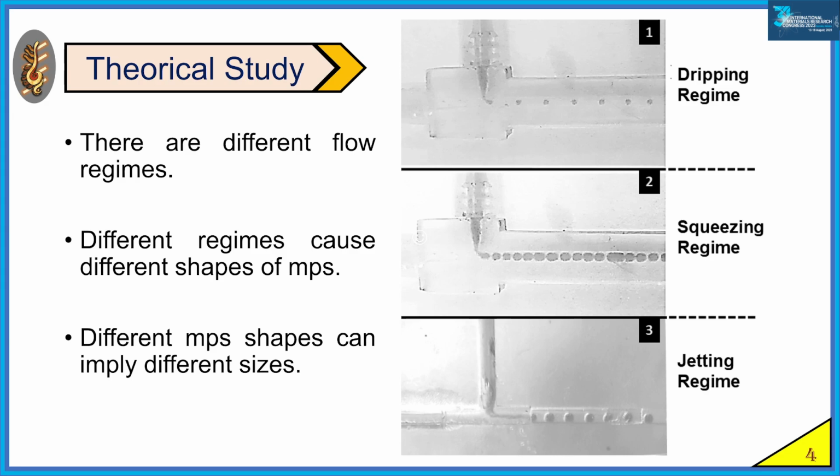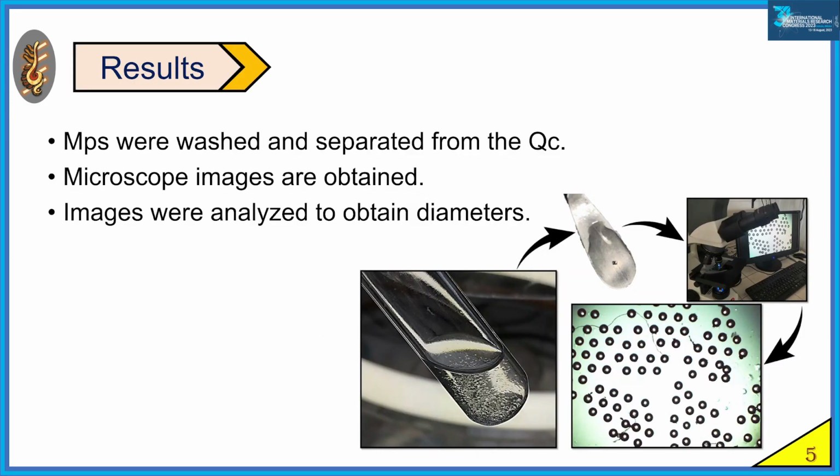Then in image number 3, we can see the jetting regimen, and we can see how the disperse phase enlarges into the continuous microchannel to generate microparticles as big as the microchannel allows, with spherical shape.